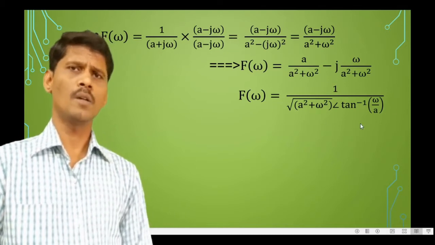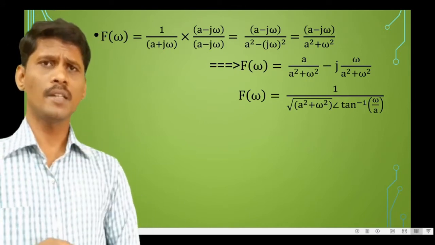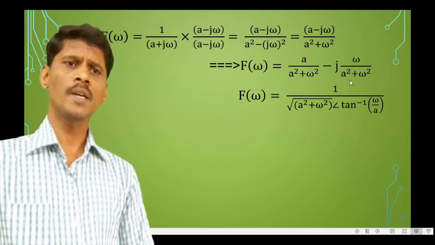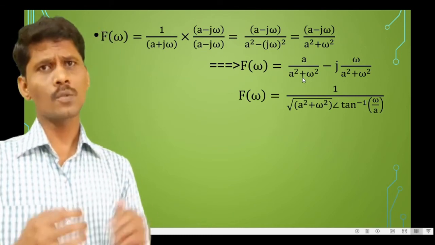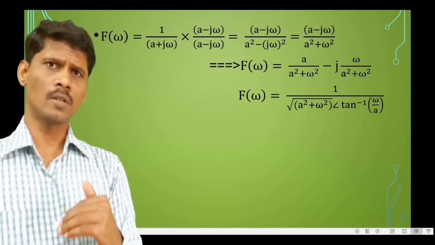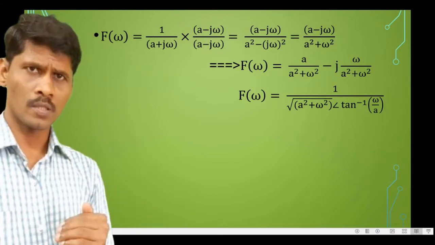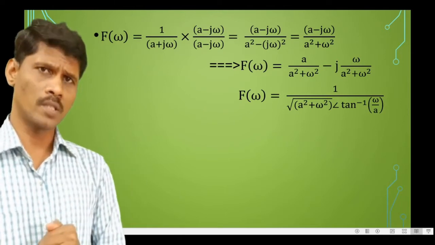And the phase angle. How to calculate the phase angle? Tan inverse of imaginary part by real part. So here what is the imaginary part? Minus omega by a square plus omega square. What is the real part? A by a square plus omega square. Tan inverse of imaginary part minus omega by a square plus omega square divided by real part a by a square plus omega square.